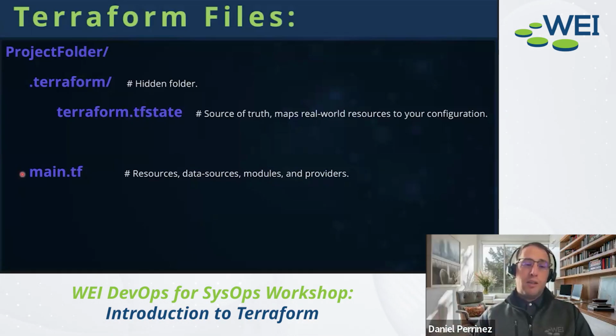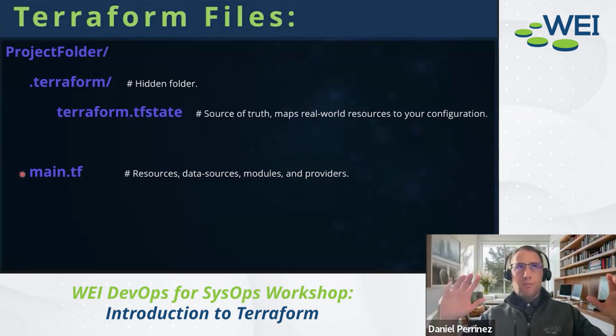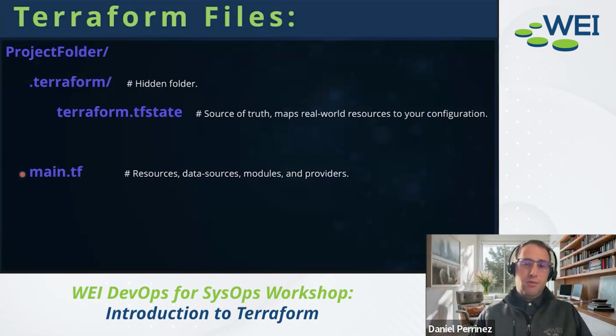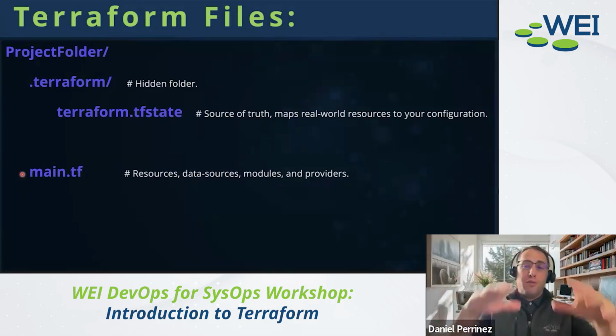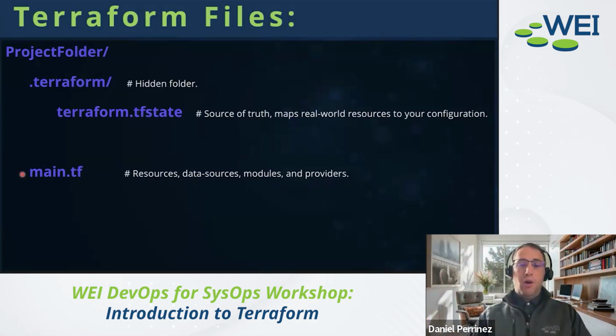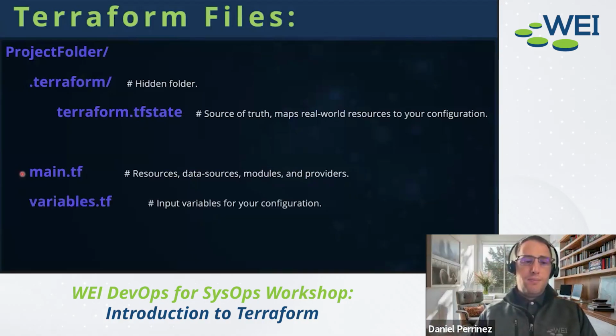When you run your Terraform at the end of the day, from its perspective, it's just gonna smash it into one file and read it that way. It's not a scripting language, right? It's just a configuration language. So it's not reading one file top to bottom. It's reading all the files at the same time, all the .tf files.